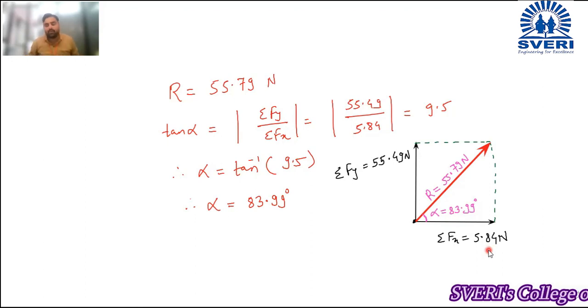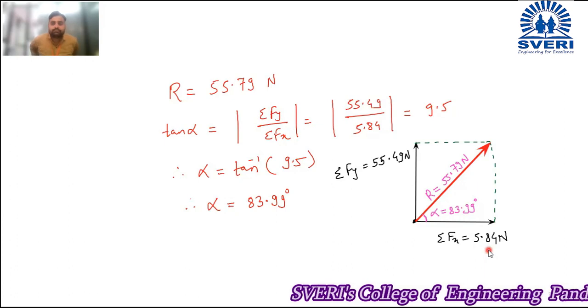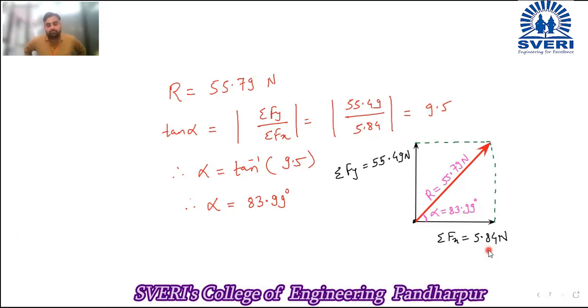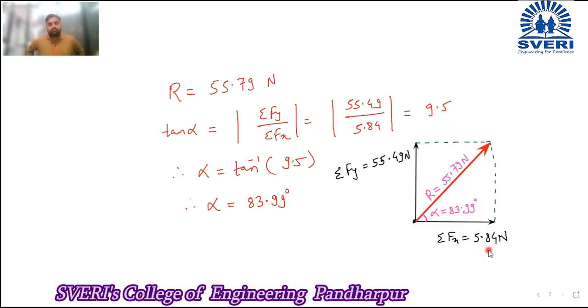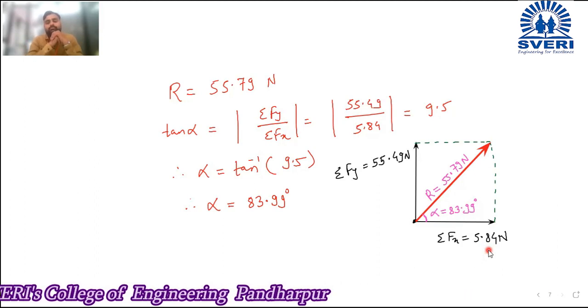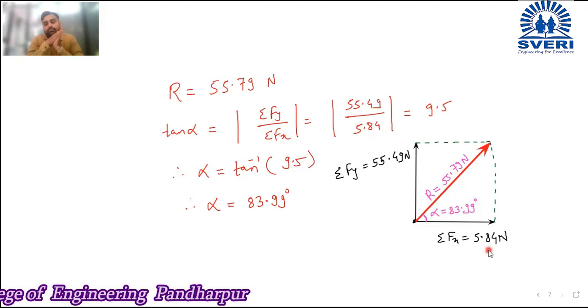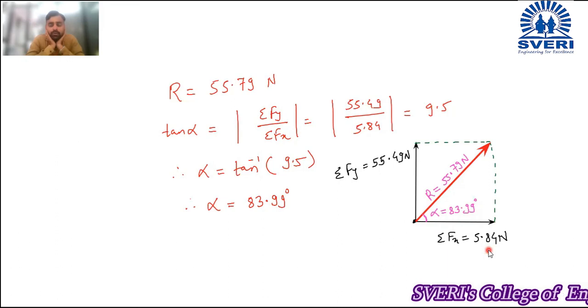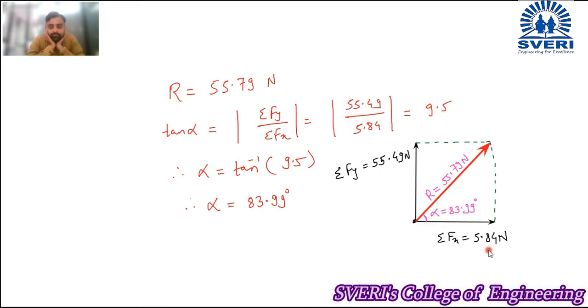R cos alpha. Are you getting 5.84? Yes, sir.